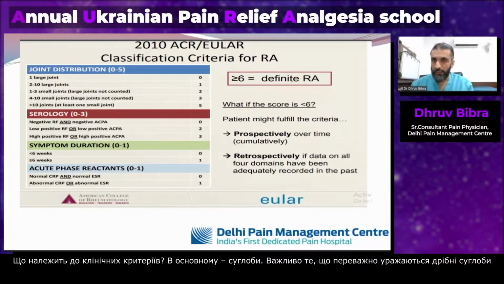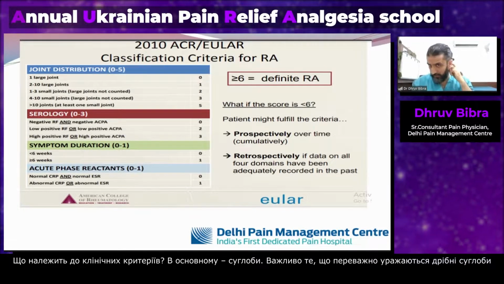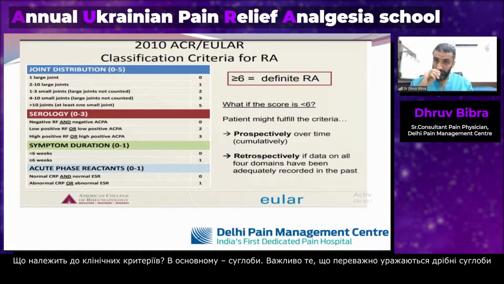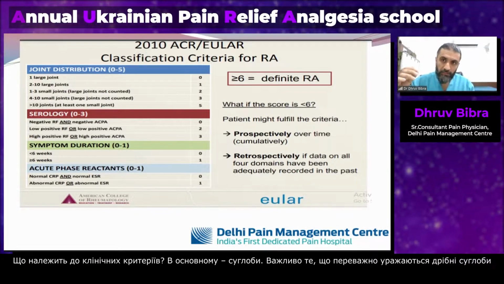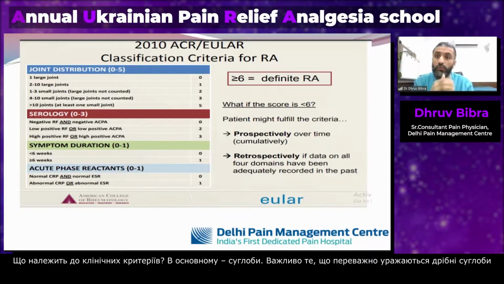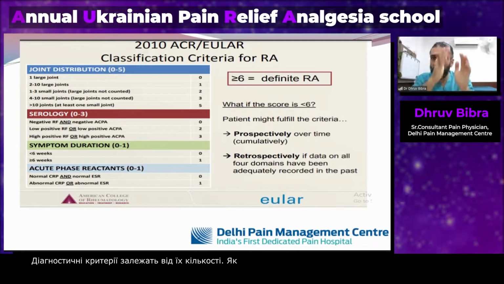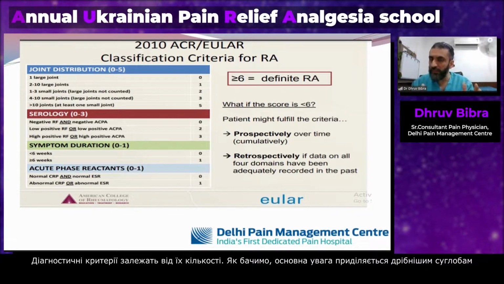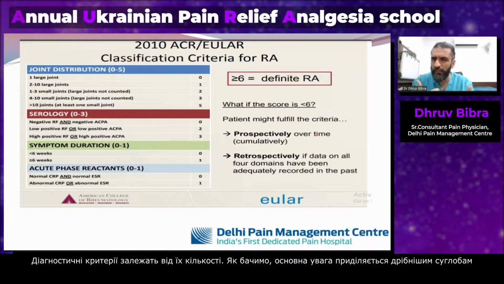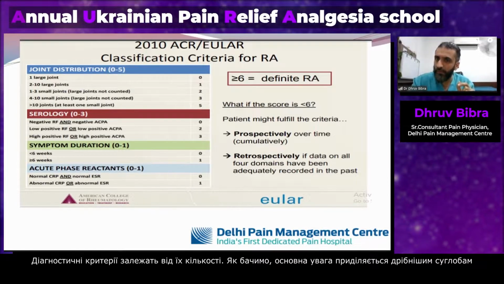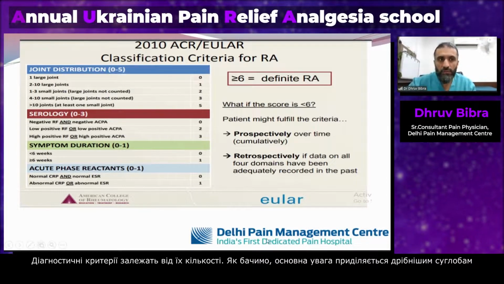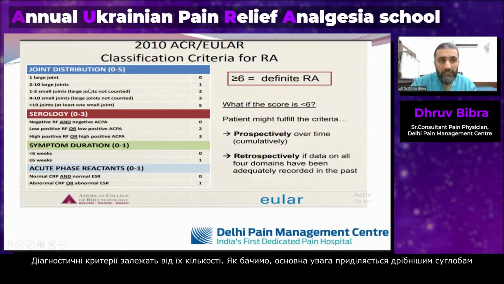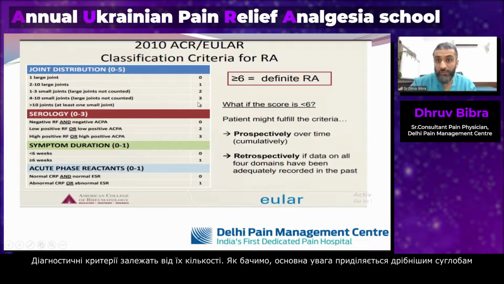Now, the important thing which I talked about even in the previous slide was that in rheumatoid arthritis, importance is given to smaller joints. Therefore, this diagnosing criteria works on a number system. It gets the point system. So here, if you look at it, major points are given to the smaller joints.